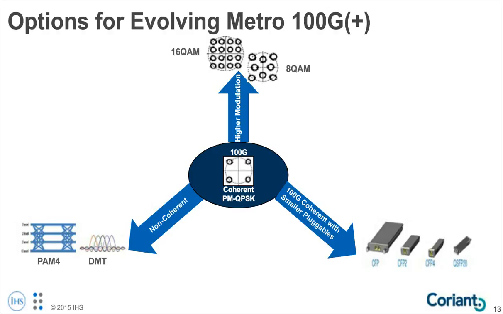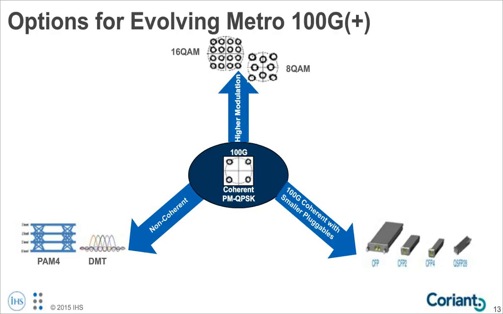Yep, so really broadly speaking, there are three key directions we can go in to take the current state-of-the-art 100 gig based on coherent pol-mux QPSK and evolve that to drive down the cost per bit and to improve the footprint and the power consumption.